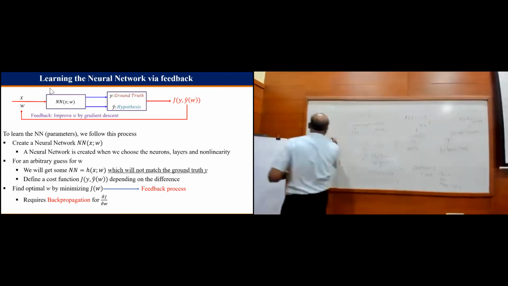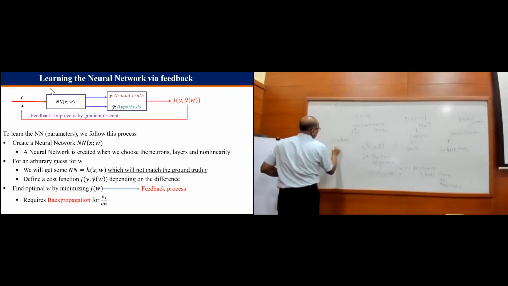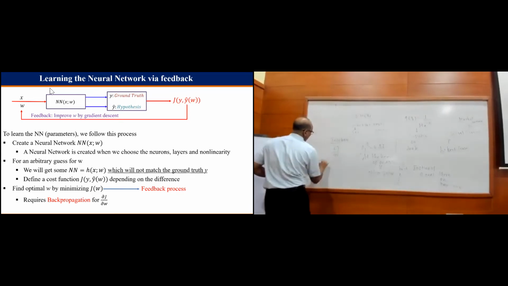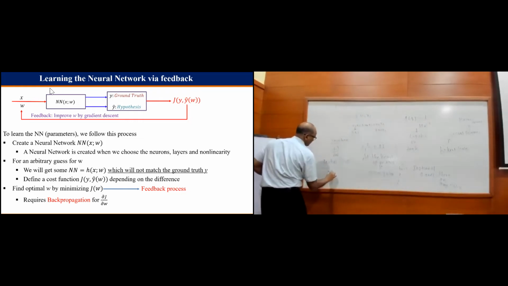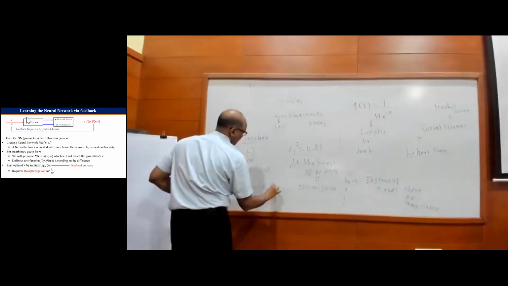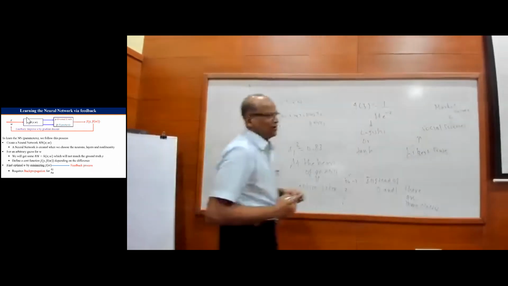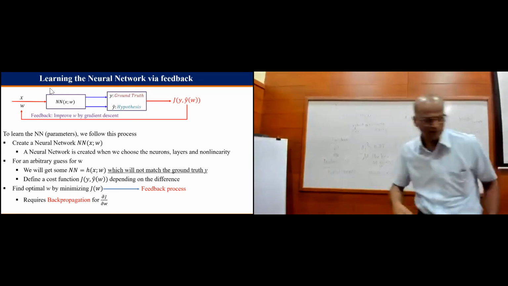So the Jacobian is basically the partial of the cost divided by the partial of the weight. Okay, dou J by dou W. Okay, all right.